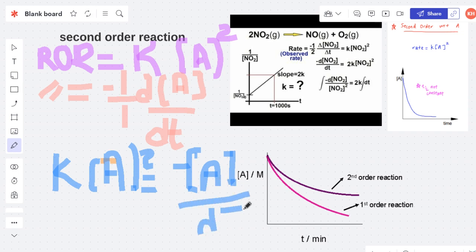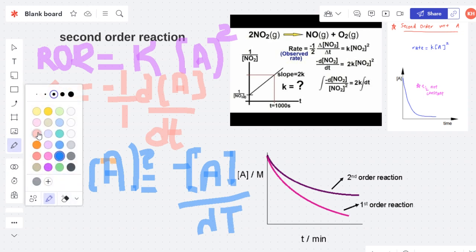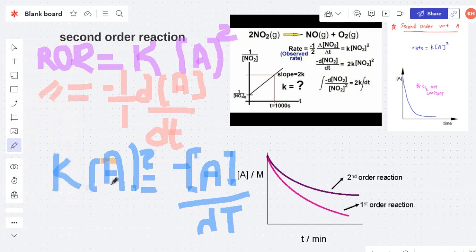Now just collect the A term on one side while the other terms are on the other side. So it will look something like this when you do the solution. Now this is k dt, shifting this here, which means we'll multiply, is equal to dA divided by dt.